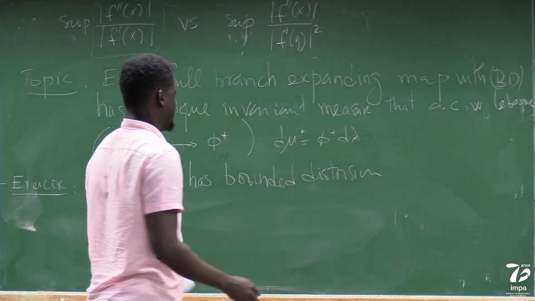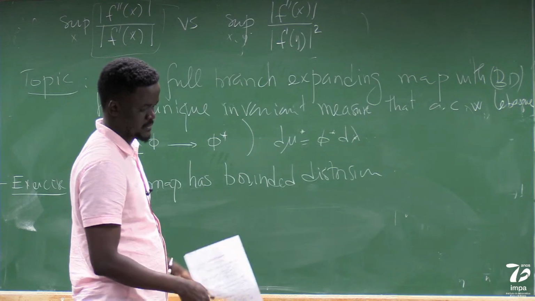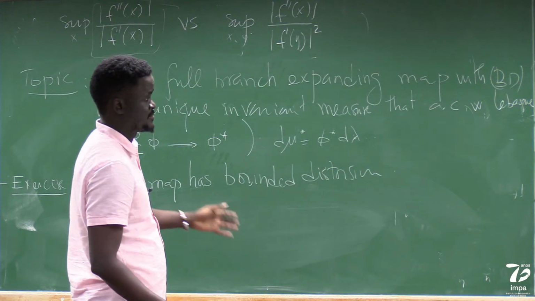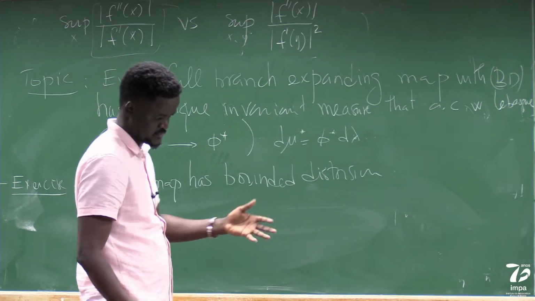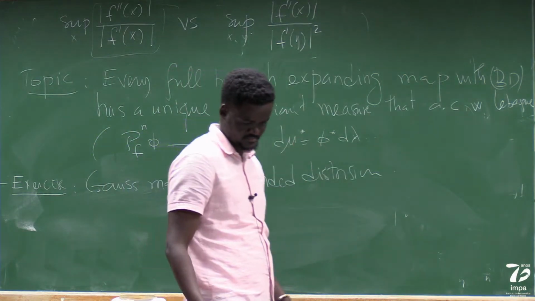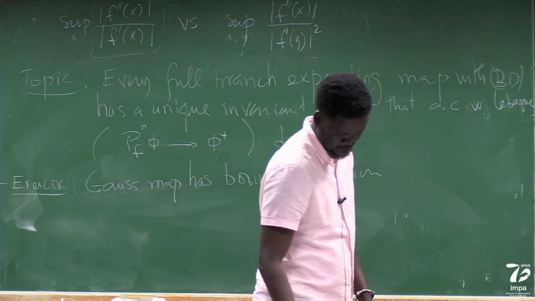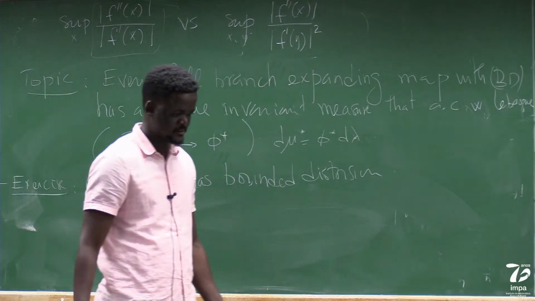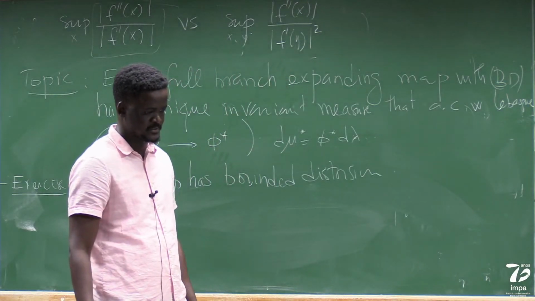In particular, it implies that the Gauss map measure that we defined a few lectures back is ergodic, because it is absolutely continuous with respect to Lebesgue.